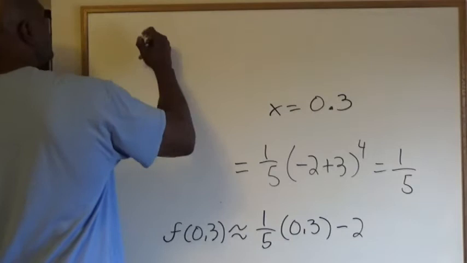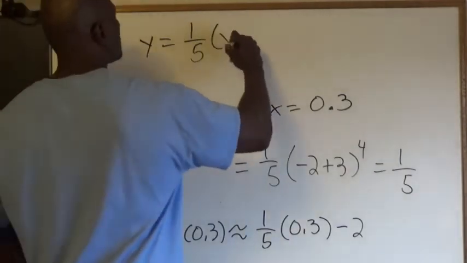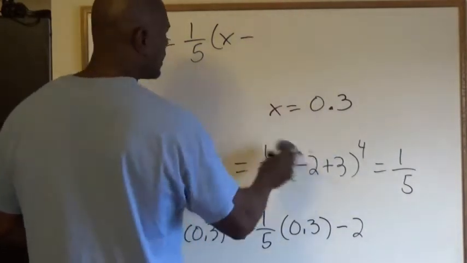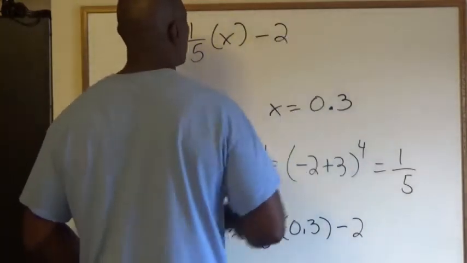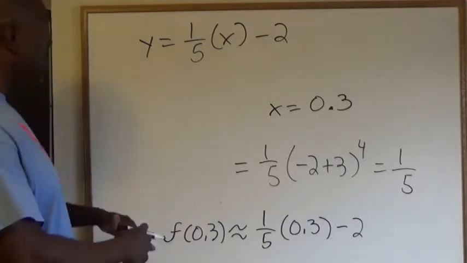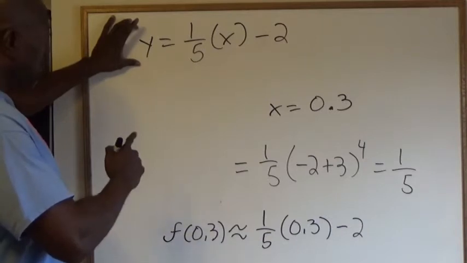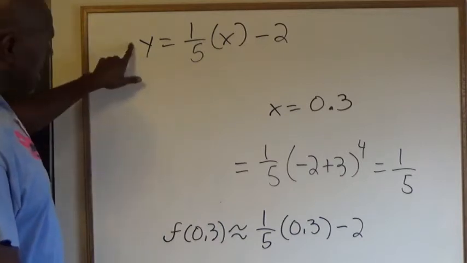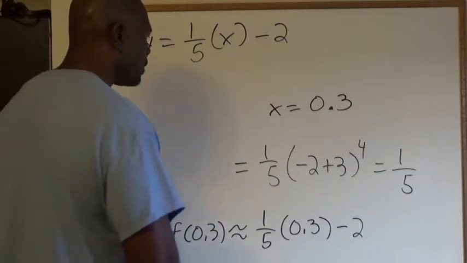So the equation of the tangent line would be y is your slope times x minus x naught. Well, in this case, x naught was 0, plus y naught. So generally on these problems, they want you to write the equation of the tangent line first and then use that equation for your approximation. So they generally want this guy and this guy. Okay, so that's the tangent line approximation for this particular example.